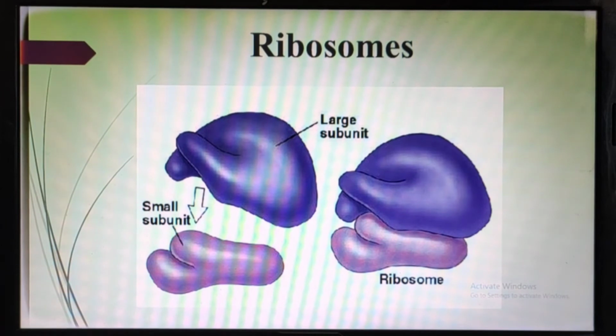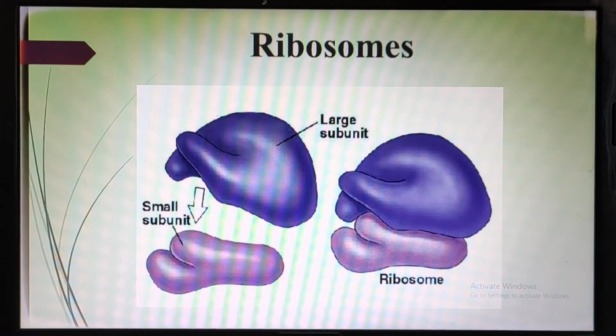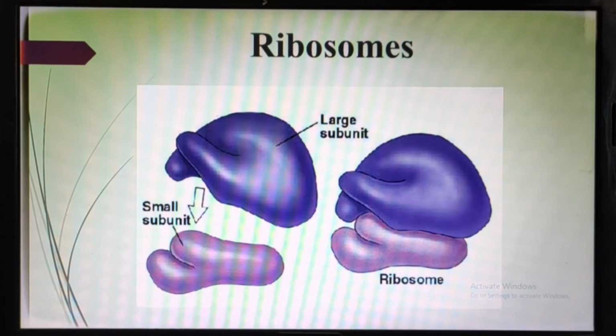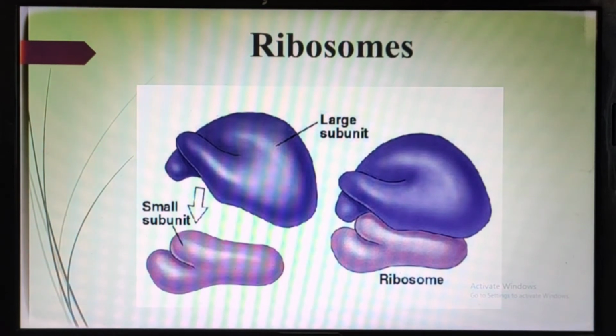How does it synthesize the protein? How does protein get synthesized? With the help of genetic information. Ribosomes use the genetic information, which ultimately helps in the synthesis of protein.